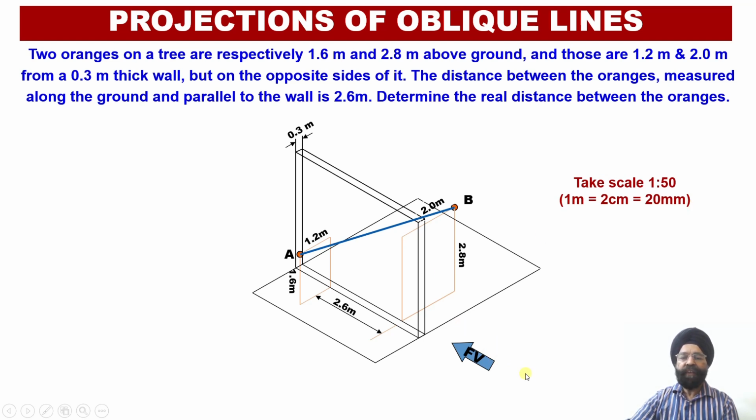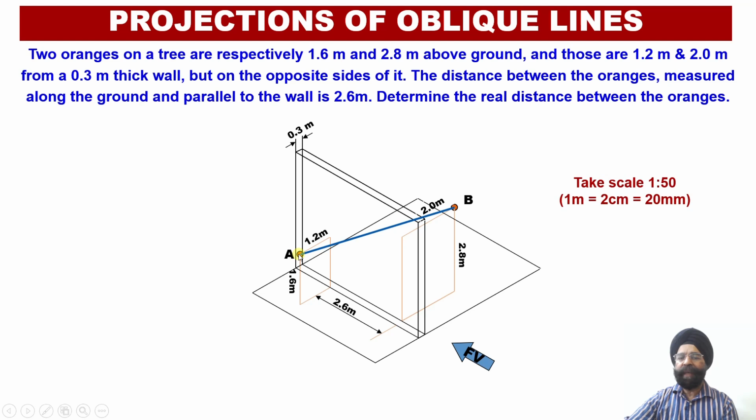As we evaluate this situation, we can find that in the front view we have a wall with a thickness of 0.3 meters, and on one side of the wall, at a distance of 1.2 meters on the left hand side, we locate point A at a height of 1.6 meters above the ground.